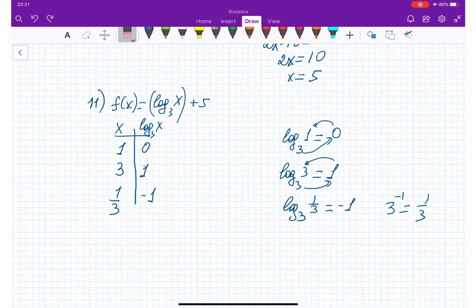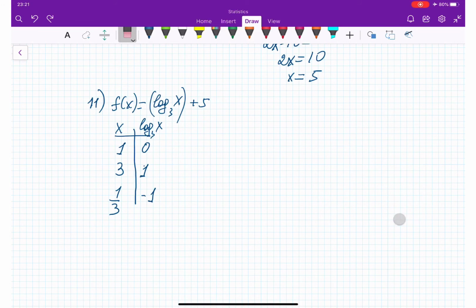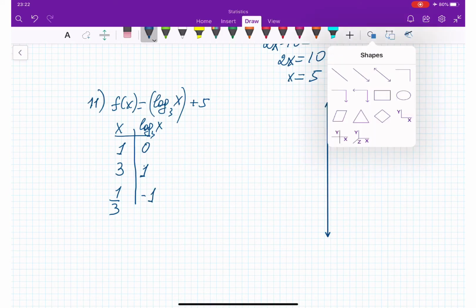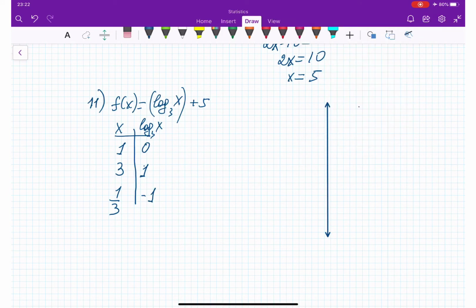All right. Let me clean this, make space for the graphing. So what does that mean for you? You can always take the point 1.